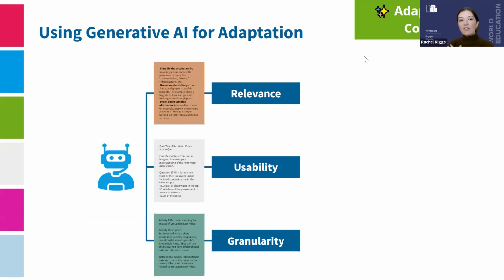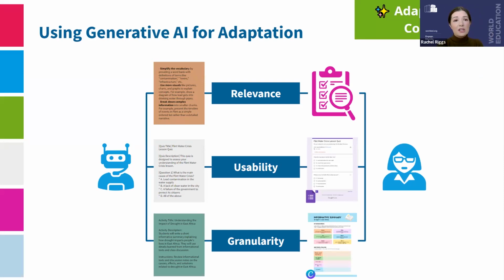But if I'm really evaluating what I have generated from using these generative AI tools in terms of adapting this 12-page PDF, when it comes to relevance, as a teacher, I really have to go through and evaluate, did it really target the level that I was hoping for in the adaptation?